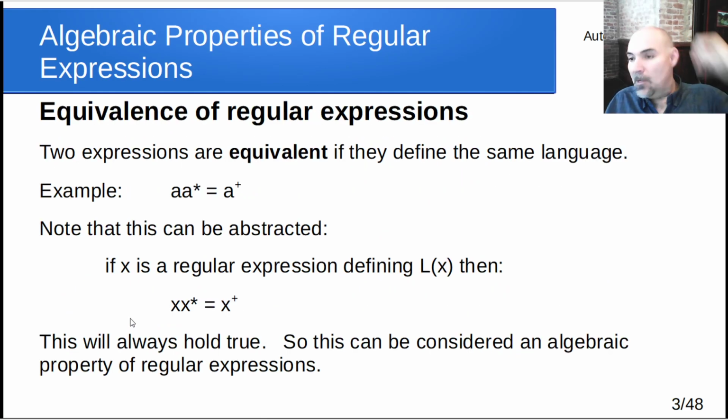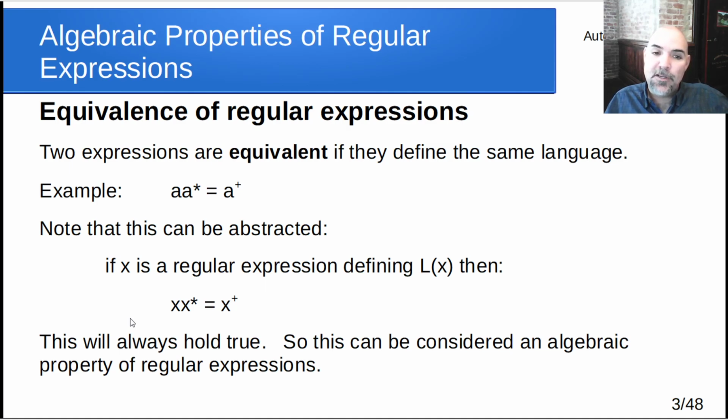Okay, so that brings us to this concept of equivalence of two regular expressions. Essentially, we would call two regular expressions equivalent if they define the same language. In other words, remember, a language is just a set of strings.